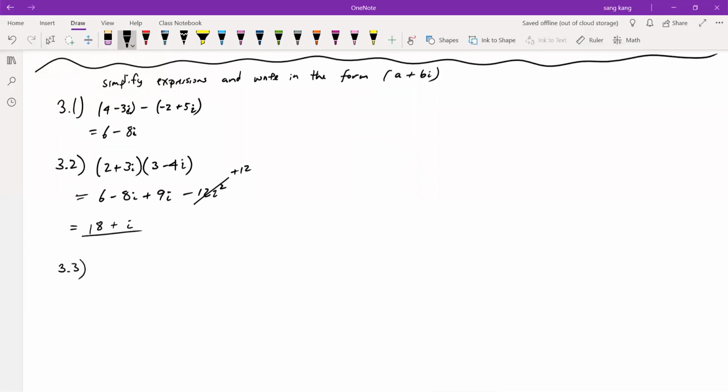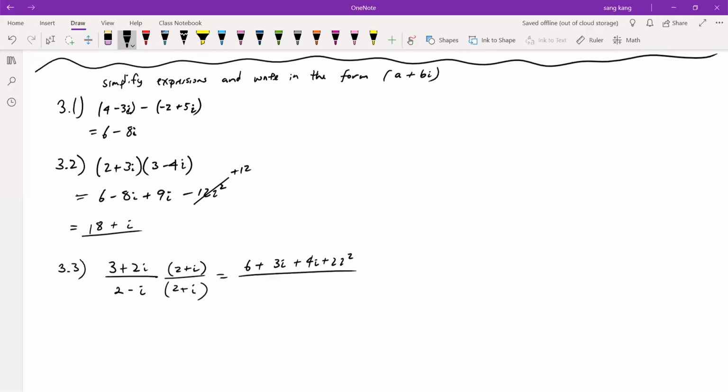3. Let's say we had 3 plus 2i over 2 minus i. How can we simplify this guy? Well, we can always multiply by the conjugate when we have this scenario in the denominator, because I want to get rid of the denominator and simplify. So I'm going to multiply by the conjugate, and I'll get 6 plus 3i plus 4i plus 2i squared.